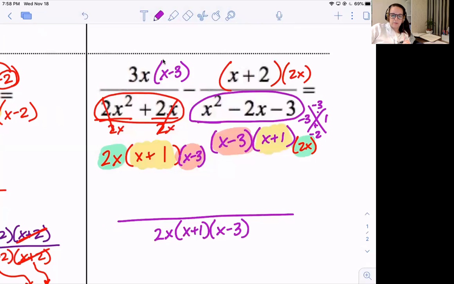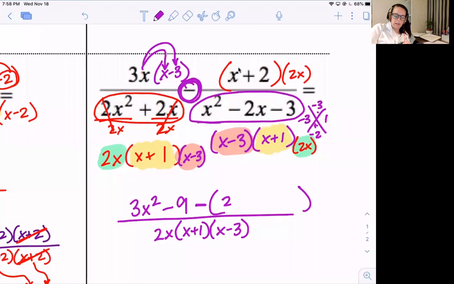So now I need to do the numerator here. So I'm going to do this side first. So 3x times x, 3x times negative 3. So 3x times x would give me 3x squared. 3x times negative 3 is negative 9. I notice this minus here, so I'm going to leave the minus, and whatever's left, I'll distribute the minus in later. Right, so 2x times x would be 2x squared. 2x times 2 would be positive 4x.